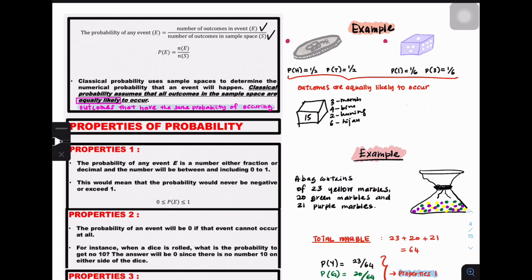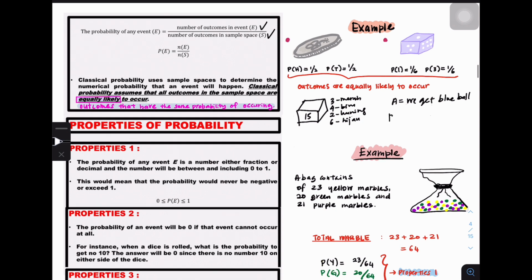Okey, so kalau soalan kata, let's say A adalah event, we get blue ball. Okey, A adalah event di mana kita mendapat bola warna biru. What is the probability of event A?